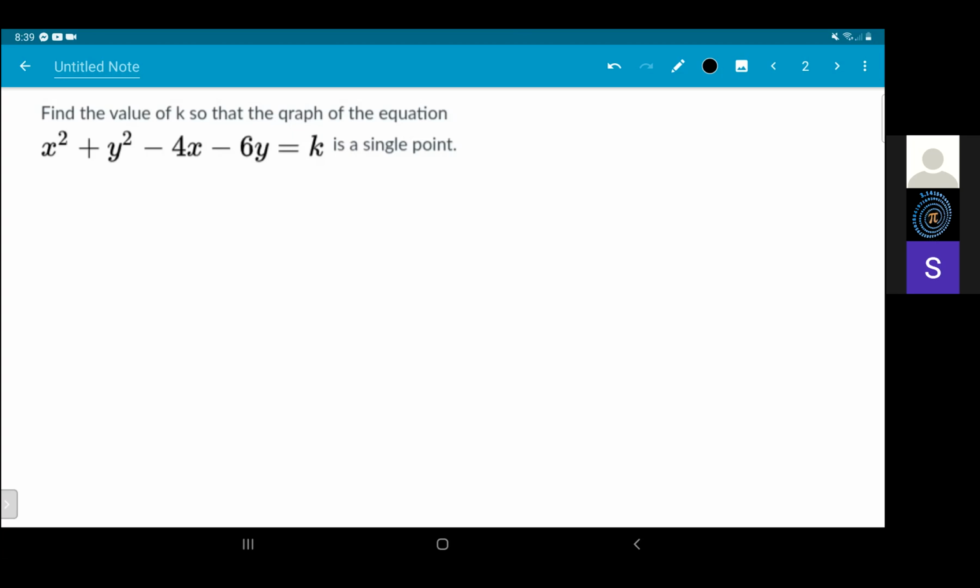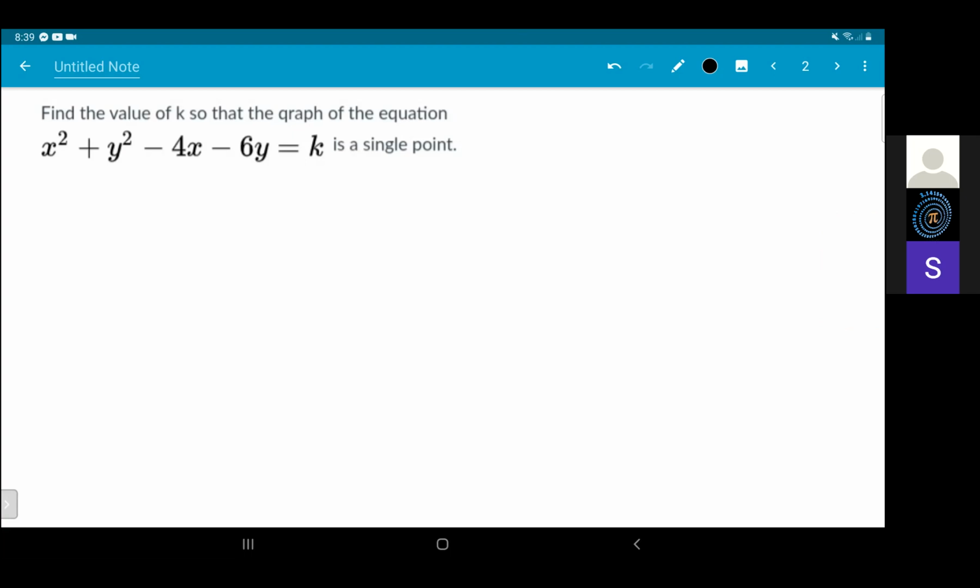So find the value of k so that the graph of the equation x squared plus y squared minus 4x minus 6y equals k is a single point. I've discussed this in the synchronous class. I believe some did not watch that, perhaps they're not familiar with the problem.